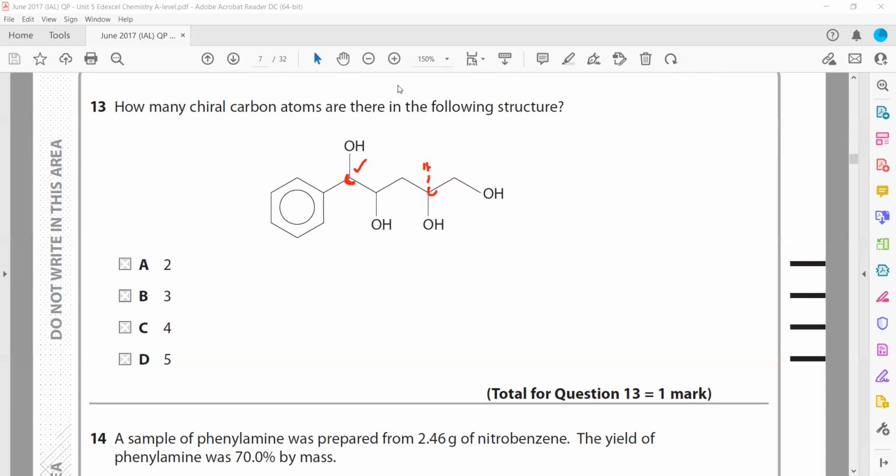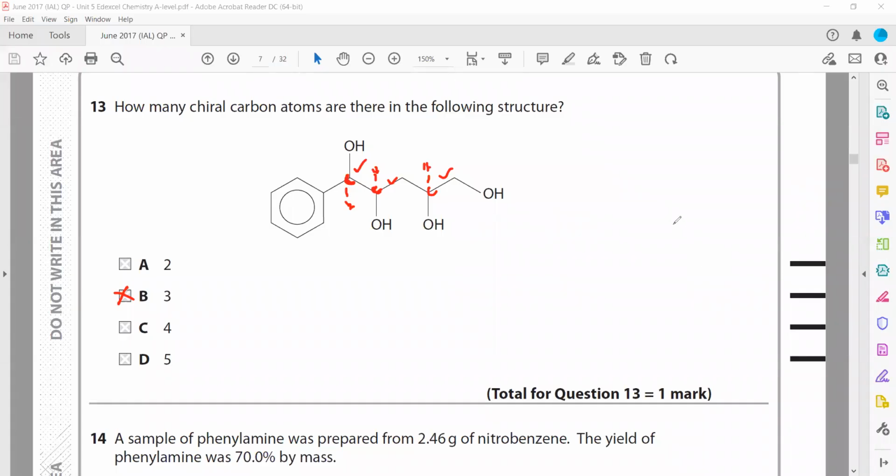So this is chiral carbon 1, chiral carbon 2, and this one will be a chiral carbon as well, because of H. So how many chiral carbons did we see? 3. So B will be the right answer. 4 different chains are basically attached to them.